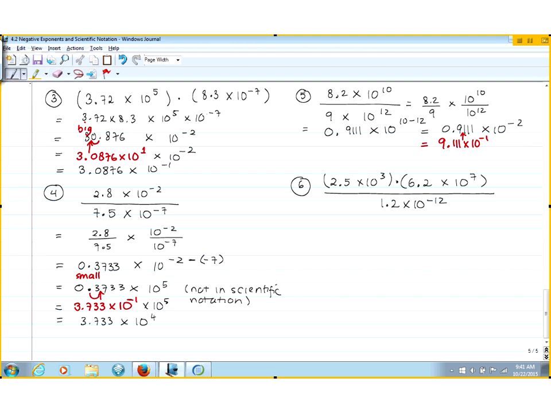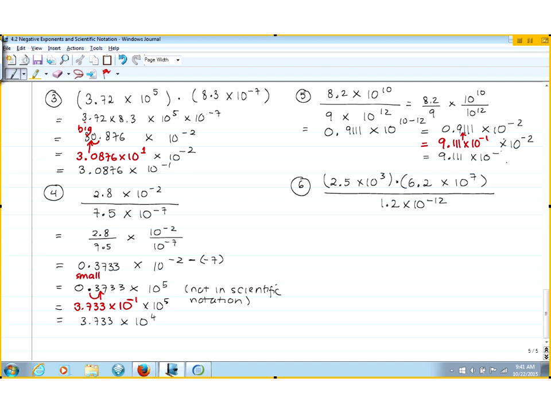Okay, so let me use the black for here because I'm not changing this part. Alright, so what is this going to be? 9.111 times 10 to the negative. What do you do to the exponent? You add, right? Negative 1 plus negative 2.